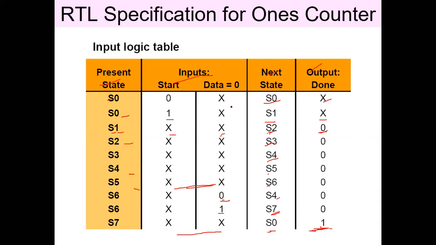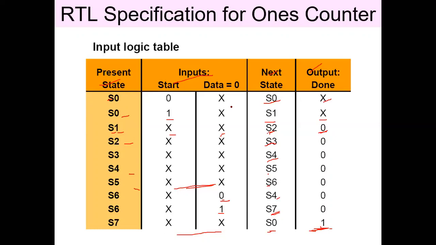Clear? The input logic table will be considering the present state. What are the inputs needed for identifying the next state? That will be clearly specified in the input logic table. Here, depending upon the start signal and data, the next state will be determined. So the start signal and the data equal to 0 condition check will be done in this input logic table.